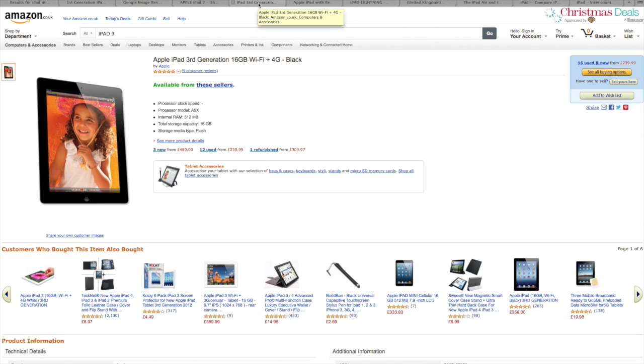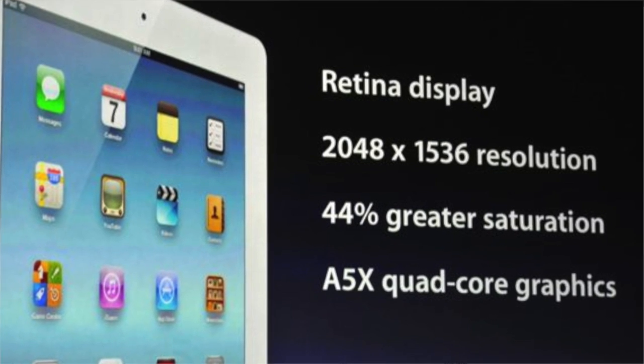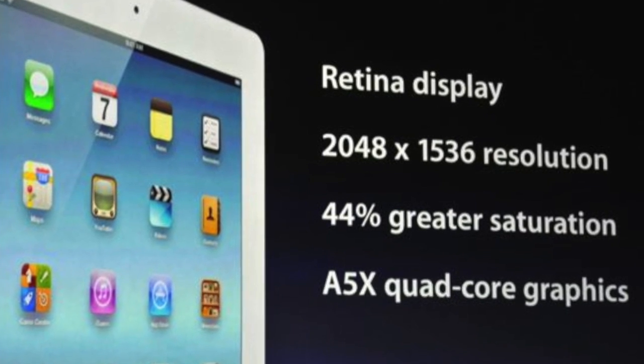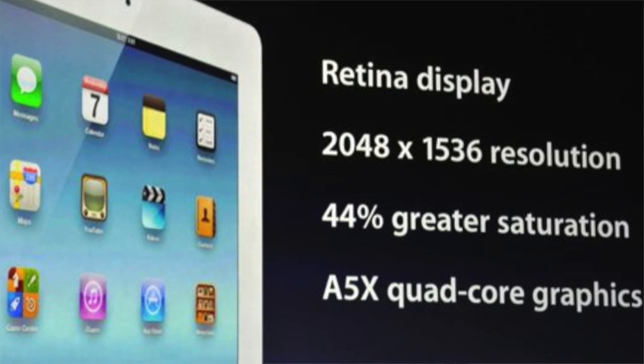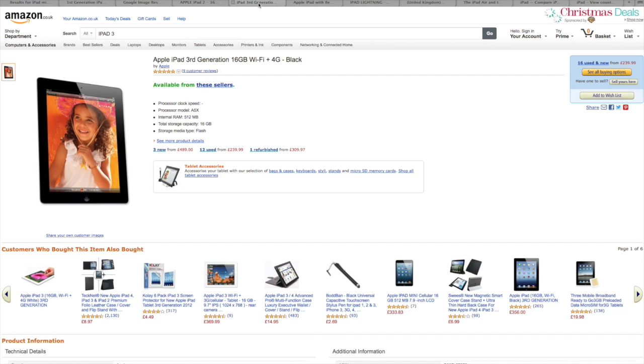So here we have the iPad 3. This came out last year, 2012, in March, and this is the iPad I was waiting for. It had the Retina display on it, so it had double the pixel count of the previous one, okay? So what that meant for people who like to see their text a bit sharper, who like reading a lot, it's a lot easier on the eye.